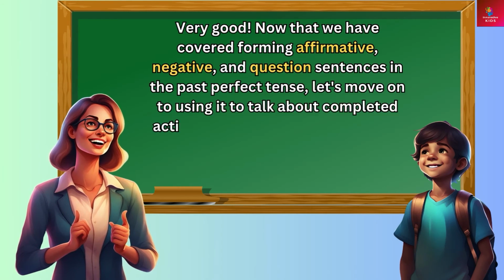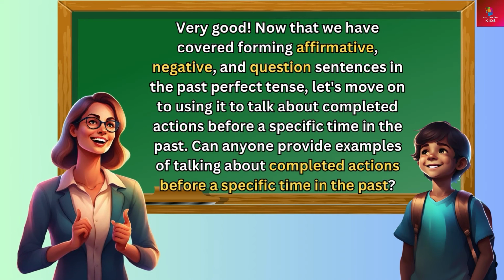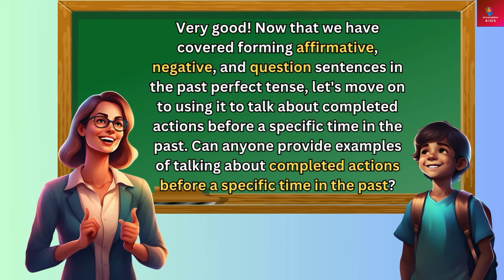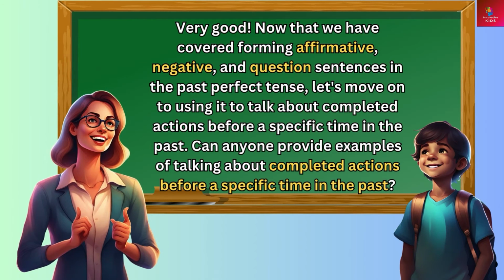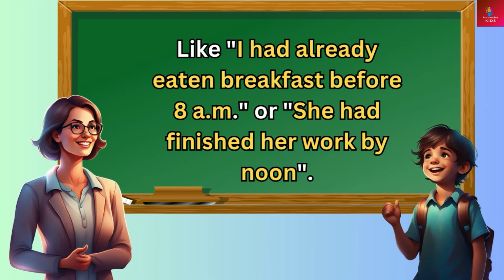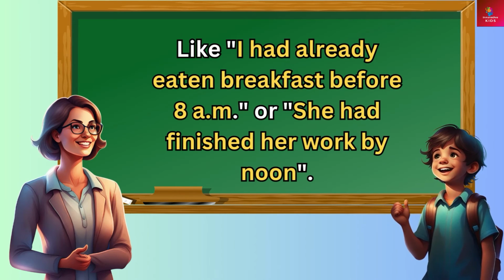Very good. Now that we have covered forming affirmative, negative, and question sentences in the past perfect tense, let's move on to using it to talk about completed actions before a specific time in the past. Can anyone provide examples? Like, I had already eaten breakfast before 8 a.m., or she had finished her work by noon.